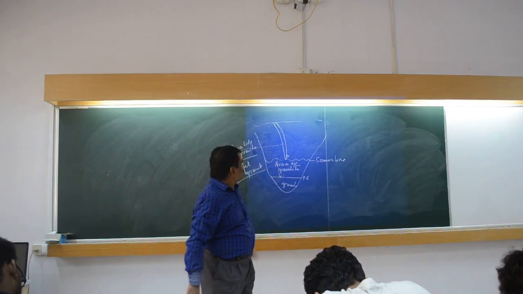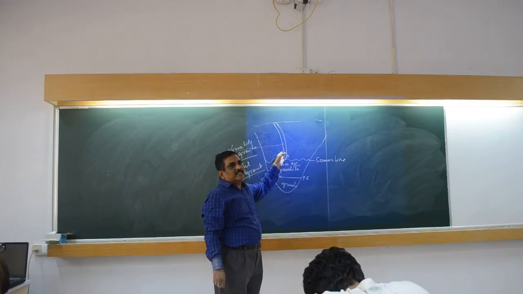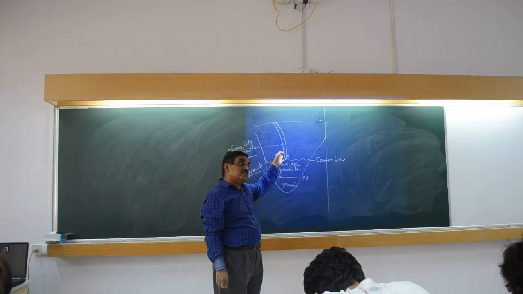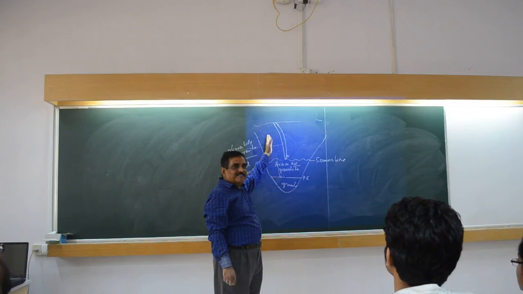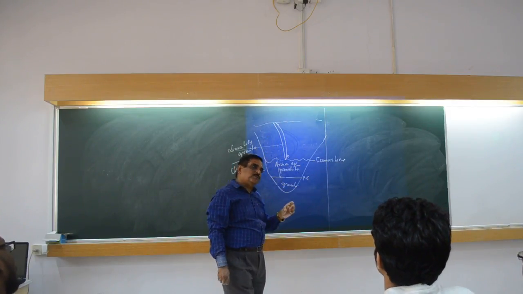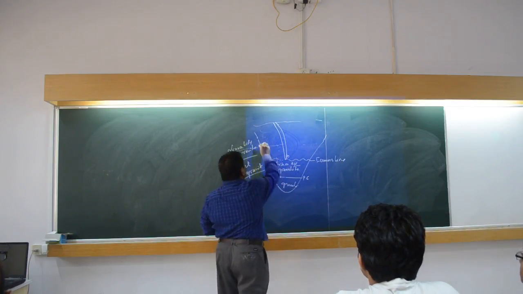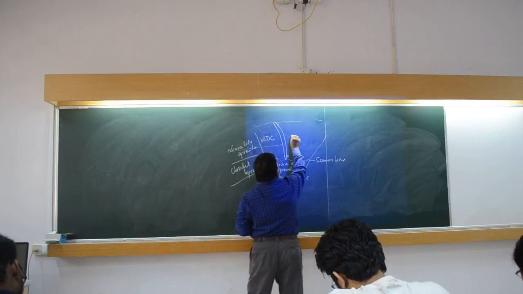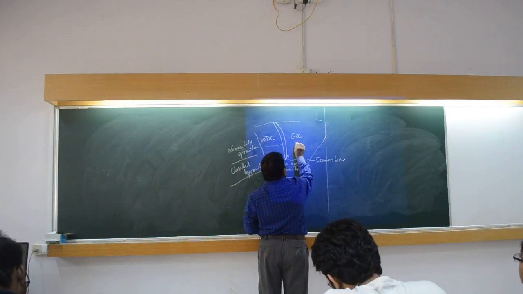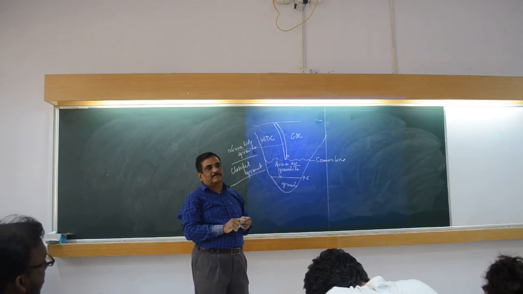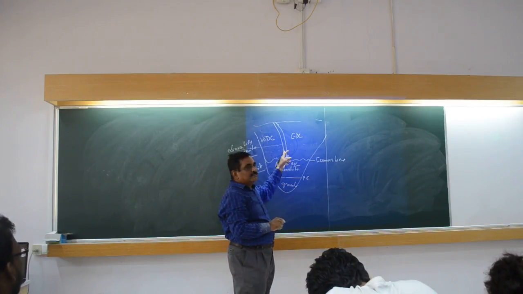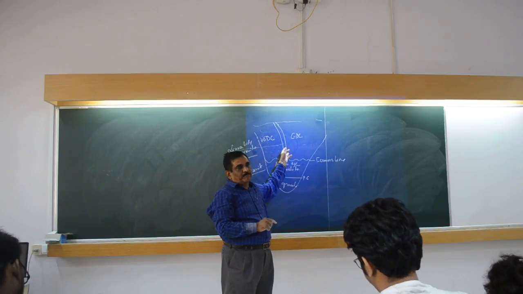समझा ना? So this Closepet granite almost runs at the center of the Dharwar craton. North-south linear body. So to its western side, you will call it the western Dharwar craton. This is the eastern Dharwar craton. So which divides? Closepet granite.